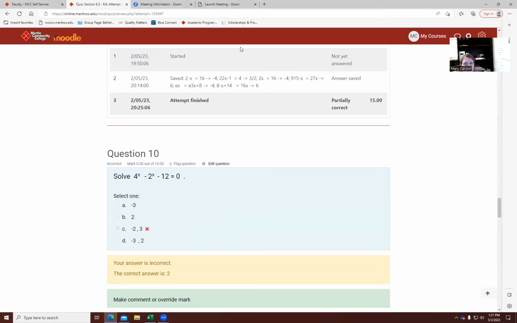All right. This one, an exponential equation. So when I look at this, it may be helpful to see, okay, if I rewrote this like this, or let's see, this.